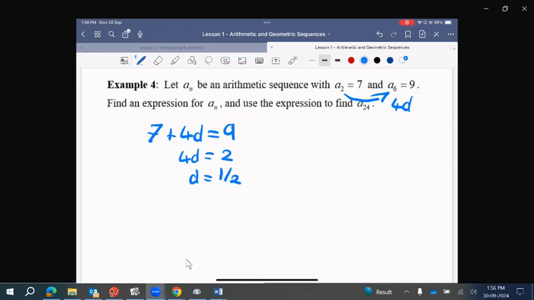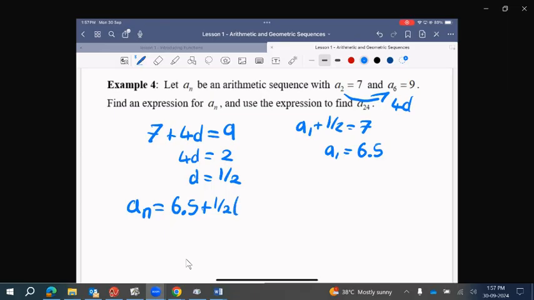So if we're adding a half every time and the second term is 7, what was the first term? So the first term is going to be 6.5.